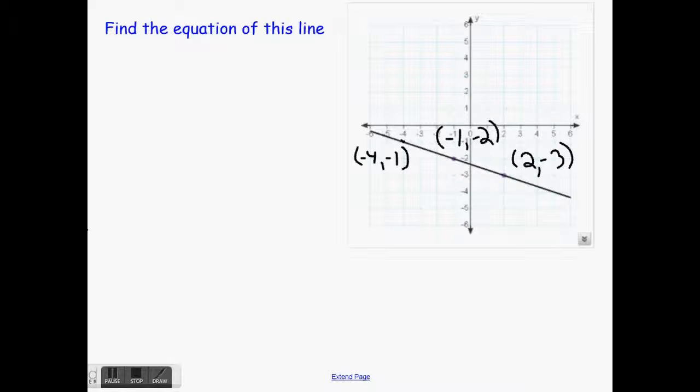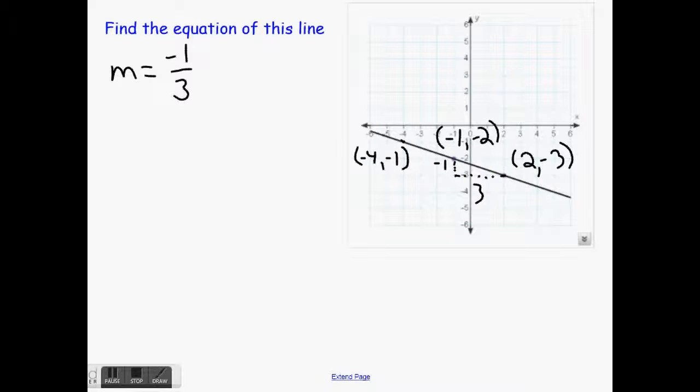Okay, so we'll start with our slope. We'll do the easy one. We'll just count. Down 1, over 3. So minus 1/3. So our slope is -1 over 3.